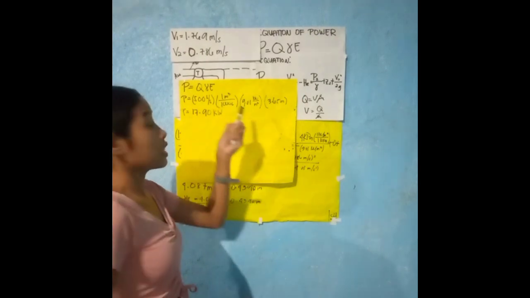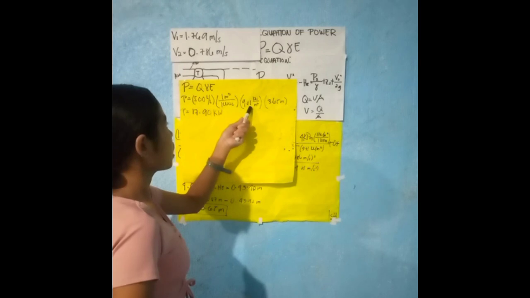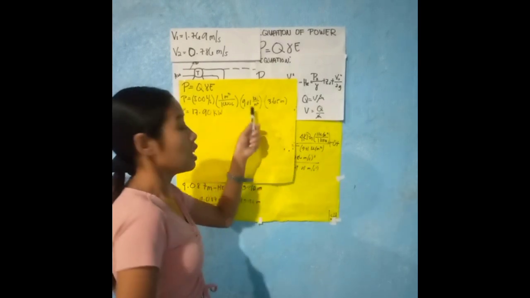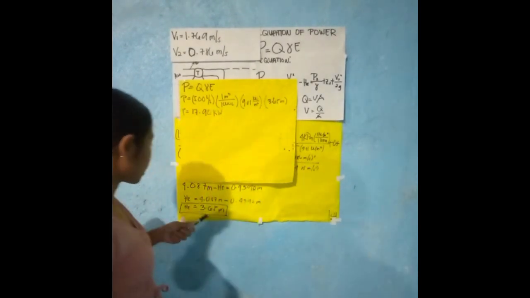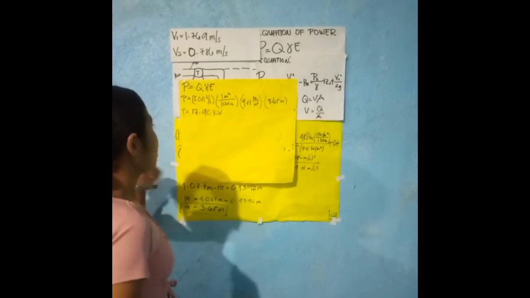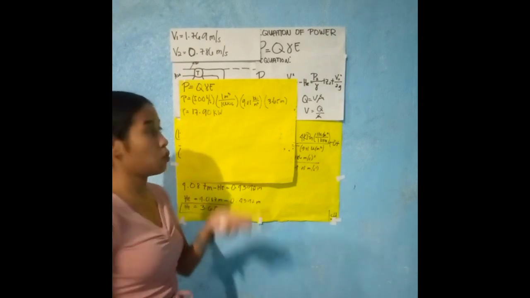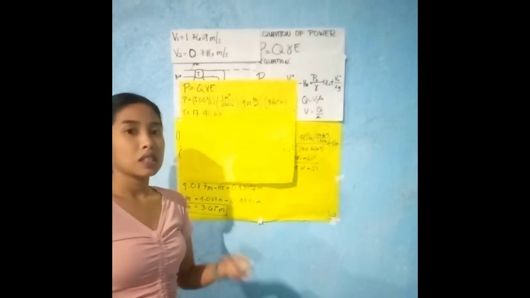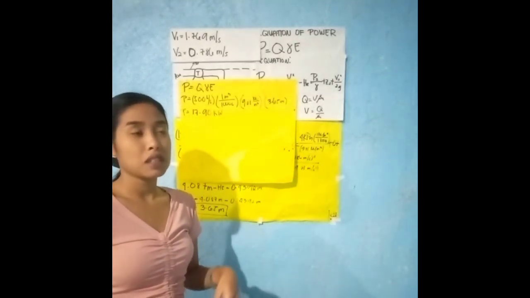We're going to convert it: 1,000 liter per 1 cubic meter, times our gamma or unit weight, 9.81 kilonewton per cubic meter, times our energy head extracted, which is 3.65 meter. So we have a result of 17.90 kilowatts.